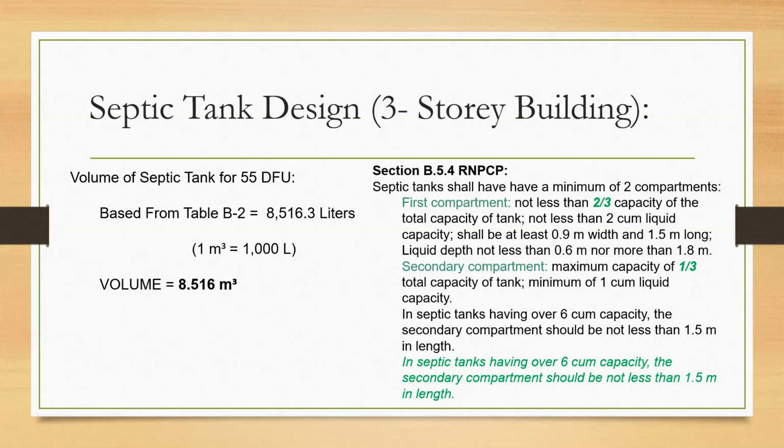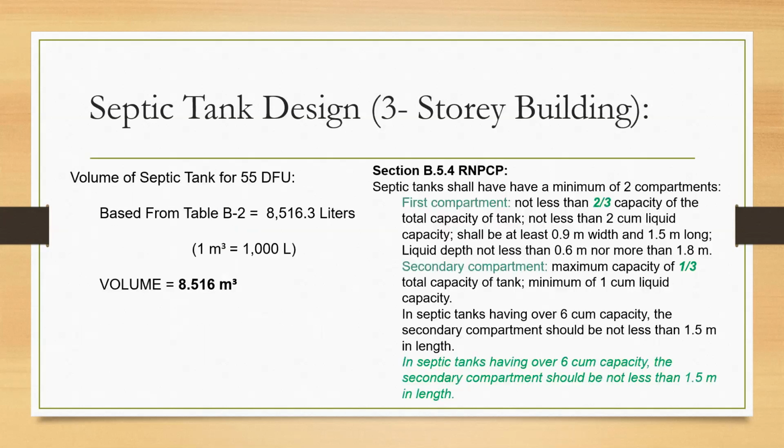So ang gagawin po natin diyan, I will assume first 1.5 yung length ng second chamber. So, in septic tanks, having over 6 cubic capacity, the secondary compartment should be not less than 1.5 meters in length. So, ito po yun.